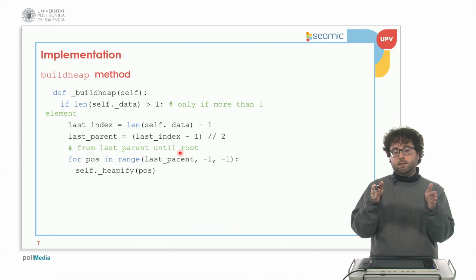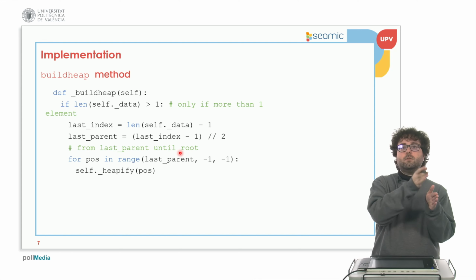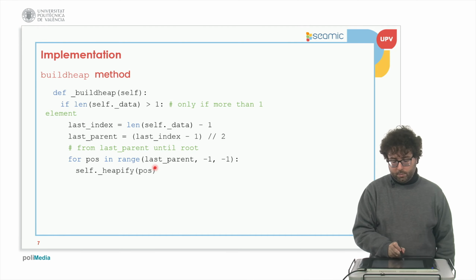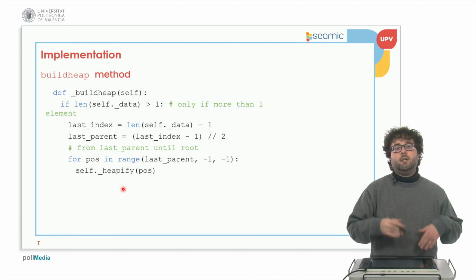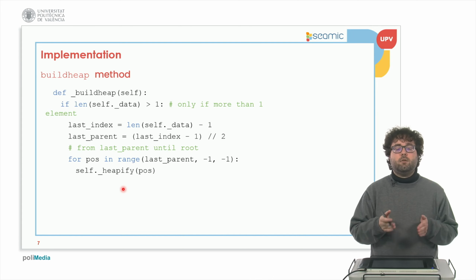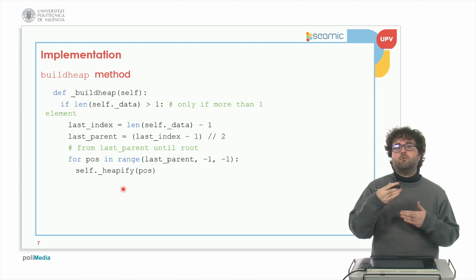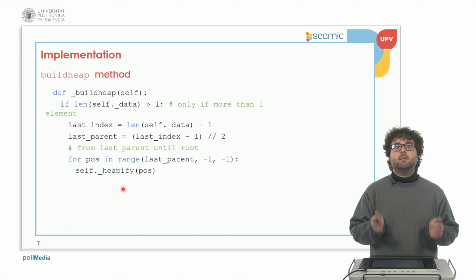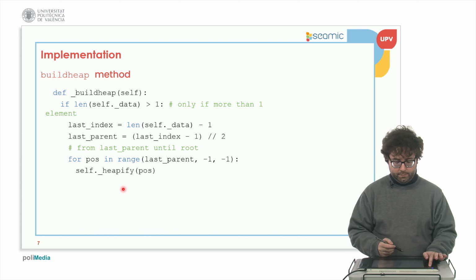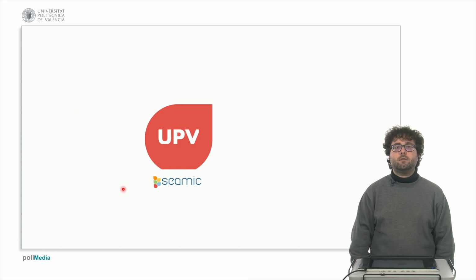Since it's a list, we just go from that position backwards, subtracting one each time, and we call the heapify function. If that position is already a valid heap, then heapify will maintain it as it is. Otherwise, it will swap positions as needed. Once the loop has ended, we have finished. That's all. Thank you.